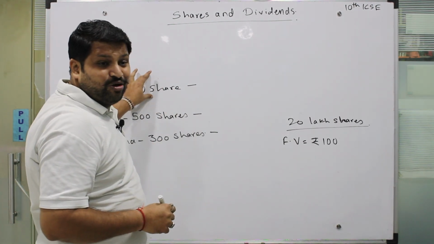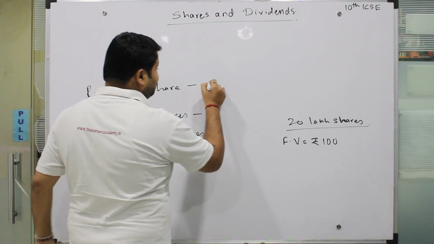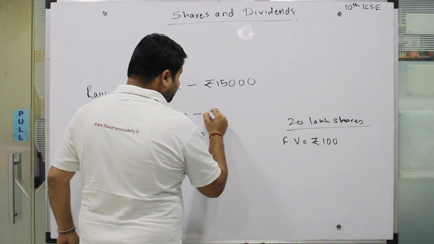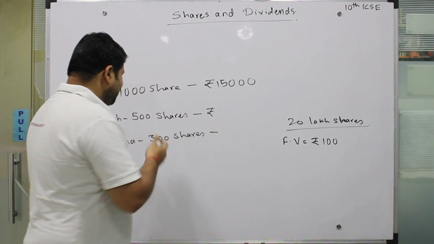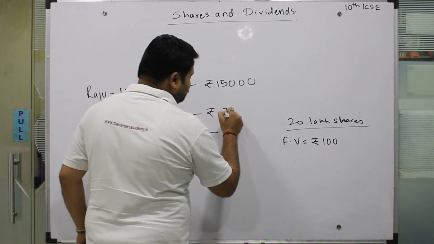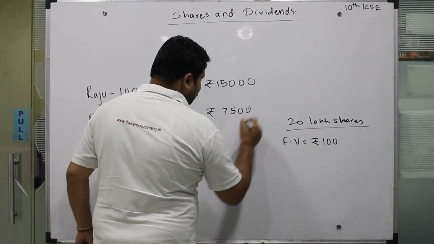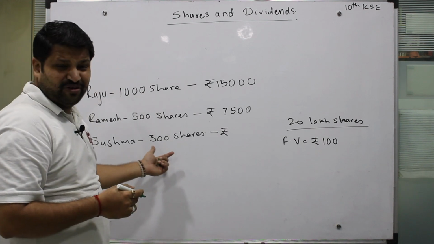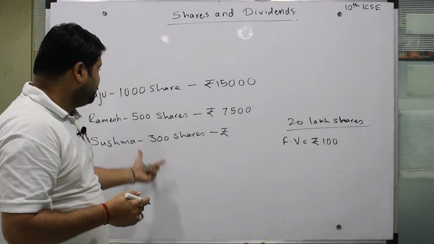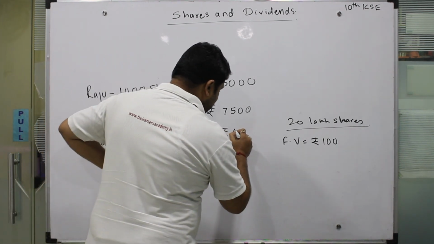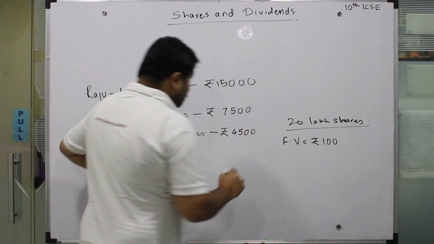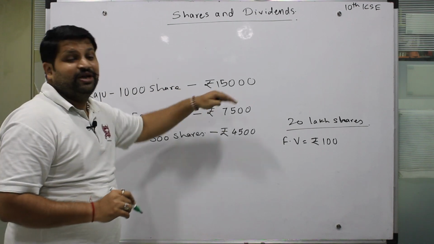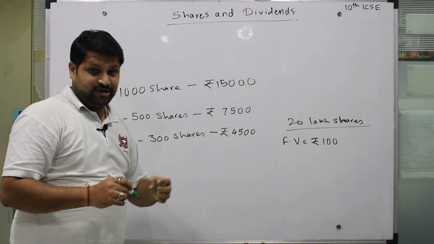So जिसने 1 लाख रुपए इन्वेस्ट किए, he has ended up with rupees 15,000 as a dividend. This guy got 7,500 rupees and she got, so it is 15 rupees for one share, so it would be 4,500 rupees. So it is interesting to understand that Raju ended up investing more and ended up earning more.